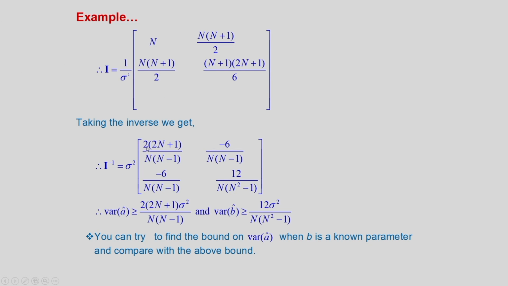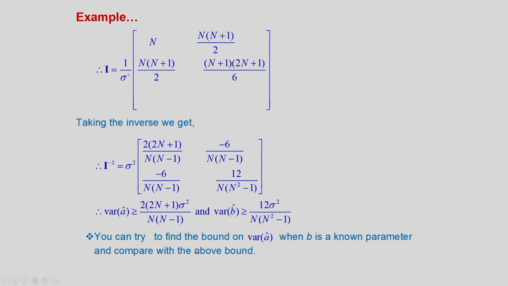Now, this term is related to the variance of the first parameter, that is variance of A hat. Similarly, this part is related to the variance of the second parameter, that is variance of B hat. Therefore, variance of A hat is greater than or equal to 2(2n+1)σ²/(n(n−1)), and variance of B hat is greater than or equal to 12σ²/(n(n²−1)).